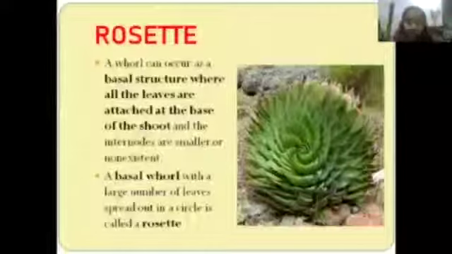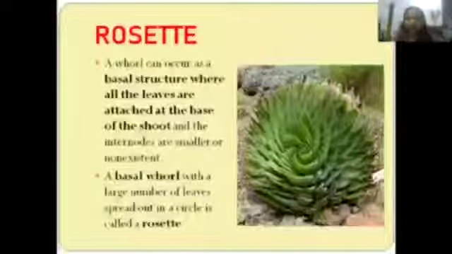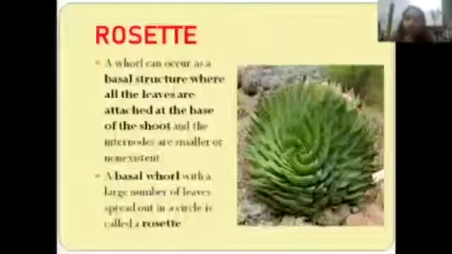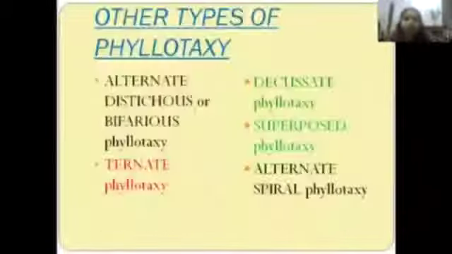This basal whorl, with a large number of leaves spread out in a circle, is called a rosette. Rosettes can be of various types, of flowers or of leaves, but here we are particularly talking about the basal whorl. Now there are other types of phyllotaxy as well, which are grouped under the three main types only.